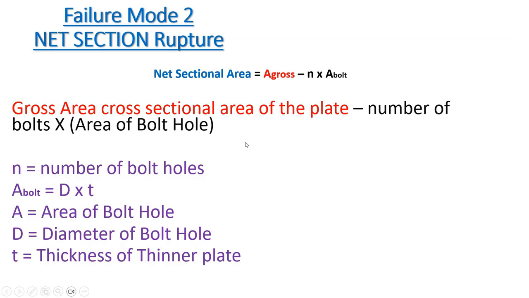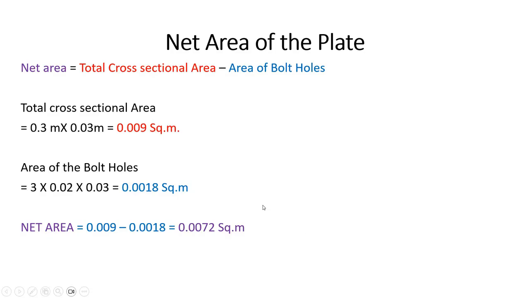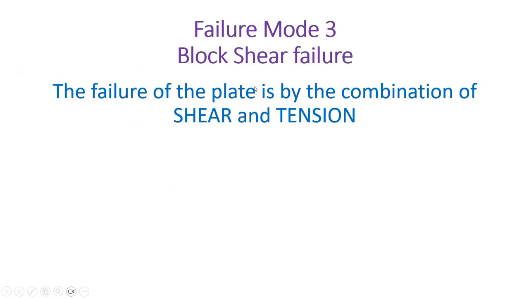Now here the net sectional area is defined, where you are subtracting the area of the bolts from the gross cross section and obtaining the net sectional area. This is a typical example that you can see. Net area equals gross cross sectional area minus the area of the bolt holes. So the calculations are given.